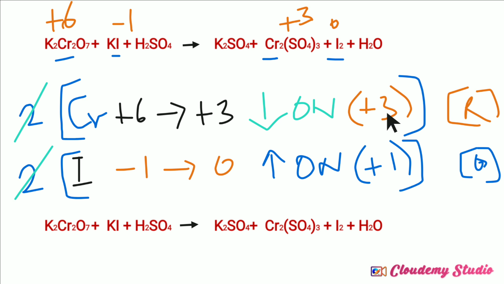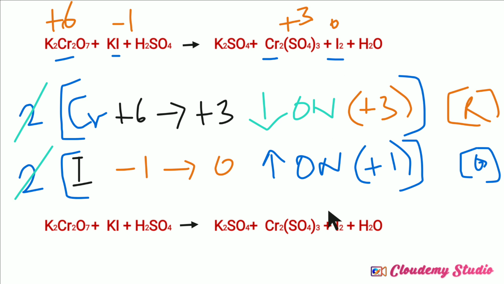Using this 3, we need to multiply the iodine species on the right hand side. Using this 1, we need to multiply the chromium species on the right hand side. As it is 1, it's not necessary to be mentioned. So with this 3 only, we need to multiply the iodine species on the right hand side.